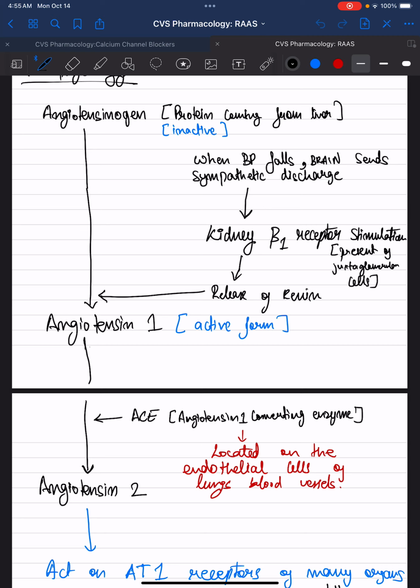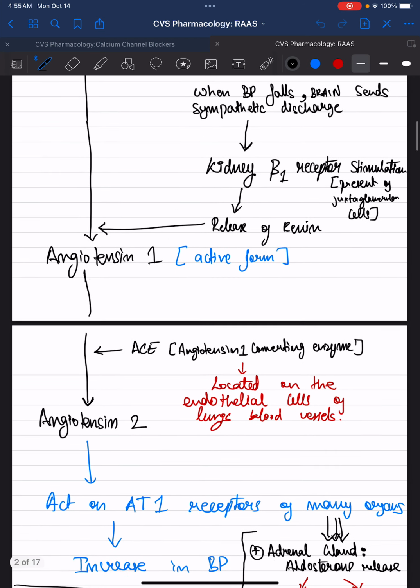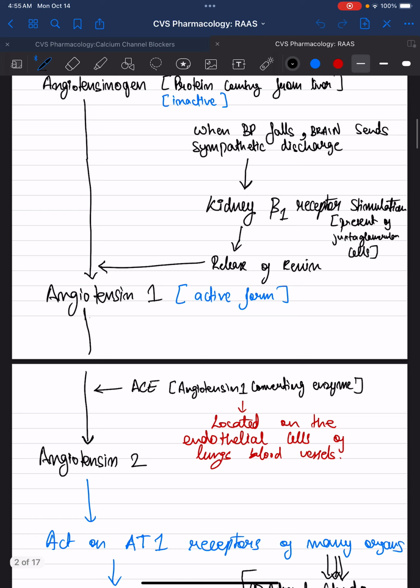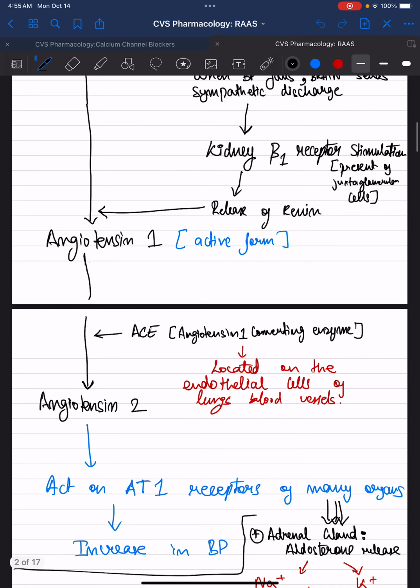And these beta receptors, when they receive a sympathetic discharge from the brain, basically when the BP falls, the brain will send a sympathetic discharge. The beta 1 receptors present on the JG cells of the kidney will be stimulated, and there will be release of renin, which will convert angiotensinogen, the inactive molecule, to angiotensin 1, the active molecule.